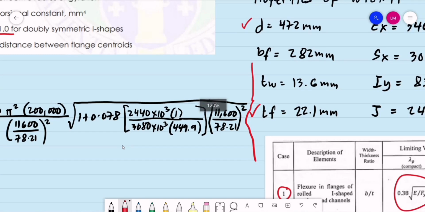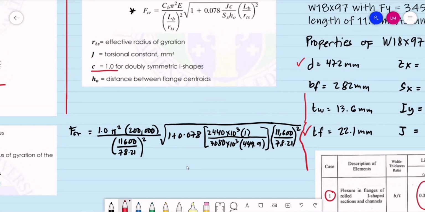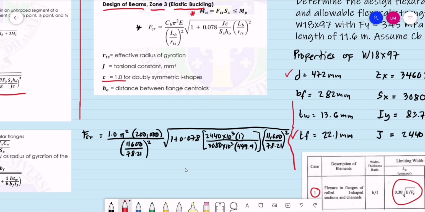Okay, so computing for the value of F sub CR. Since that is 200 megapascals, the value of this F sub CR should be in megapascals.